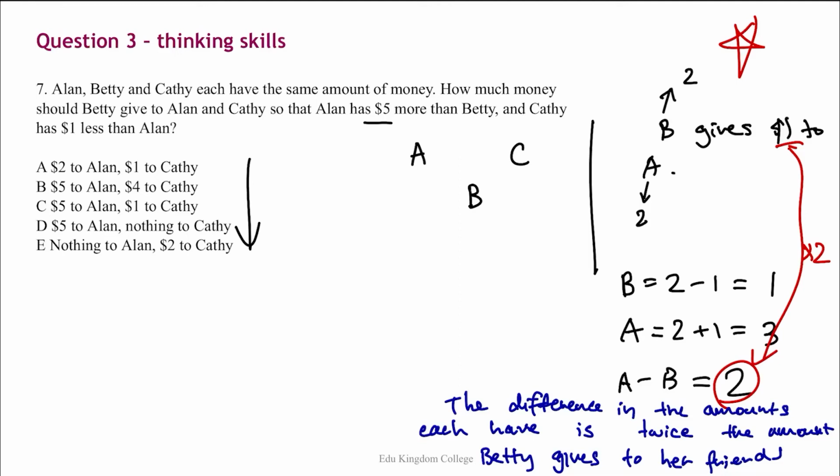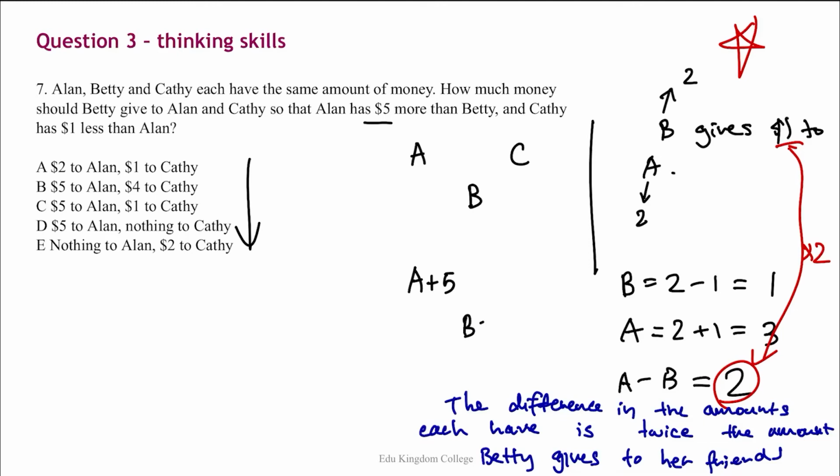Okay. So, what option would allow us to give us this sort of difference? Well, let's have a look. If we have a look at the common theme, which is $5 to Alan, okay, let's try that out. If Betty gives $5 to Alan, Alan suddenly has now what? Alan has now A plus 5.